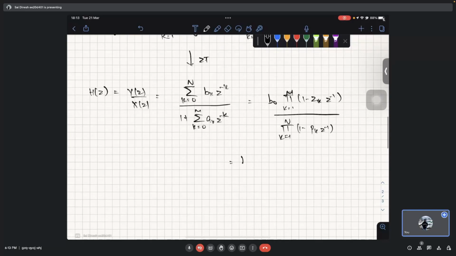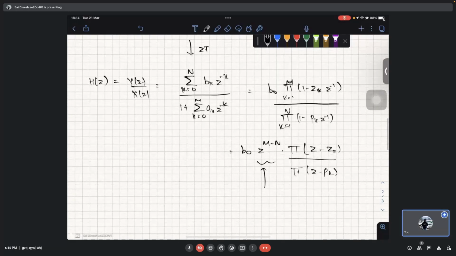So here we have b naught z power N minus M, product z minus z k by product z minus p k.